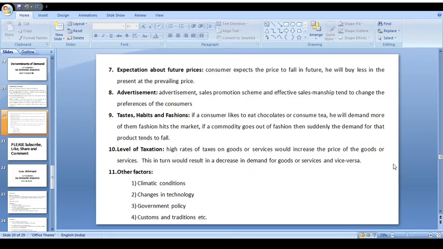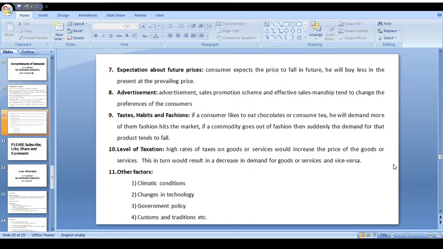Next, tastes, habits, and passions. Tastes and habits of a consumer influence the demand for a commodity. If a consumer likes to eat chocolates or consume tea, the consumer will demand more of them.